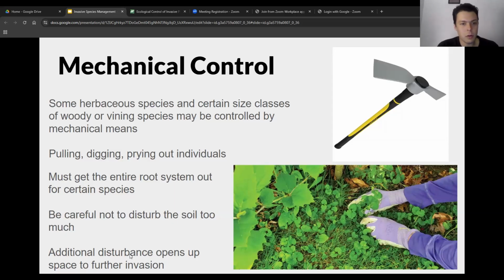You can also pull and dig, particularly with really small invasive shrubs, especially after a good soak of rain the day before. Sometimes those things will go right out. Same thing with some of the more herbaceous plants like garlic mustard, for example.